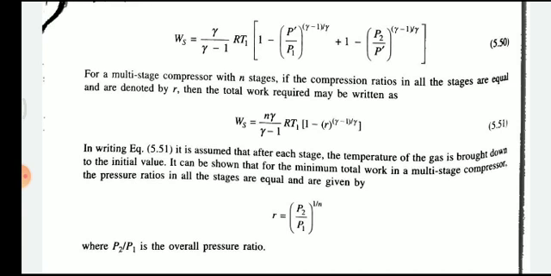Then equation 5.50 can be written as follows: if the compression ratio in all the stages is equal and denoted by R, then the total work required may be written as Ws is equal to n gamma upon gamma minus 1 RT1 times 1 minus R raised to gamma minus 1 upon gamma.